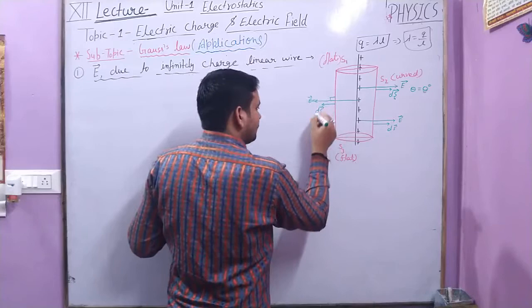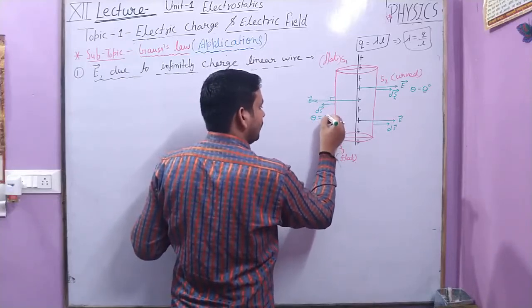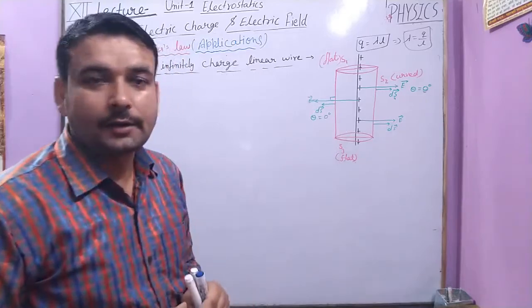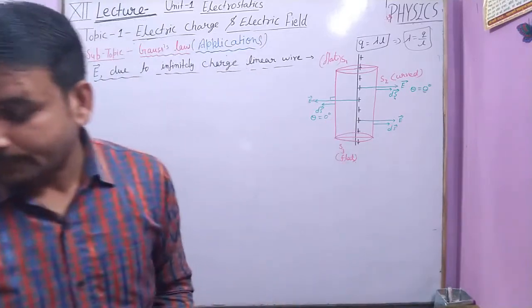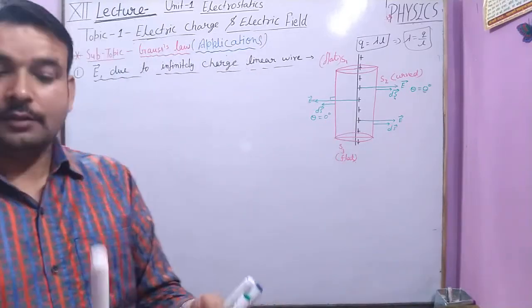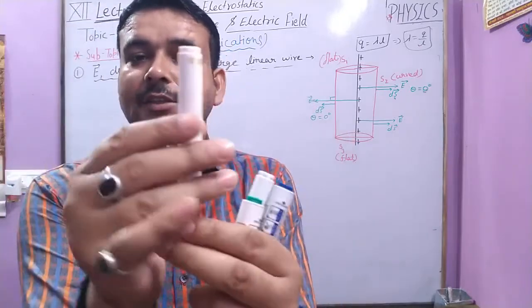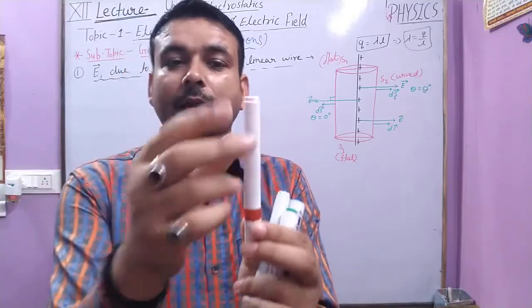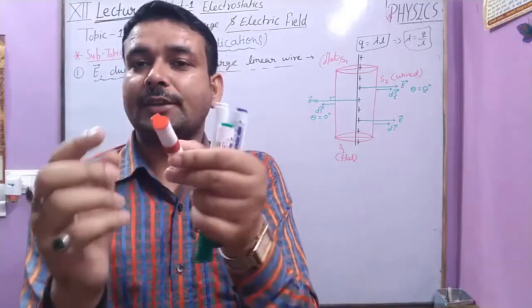So for this particular case theta is also 0 degree. It is very clearly observed that this is the curved surface of the cylinder, and these are the two flat surfaces.